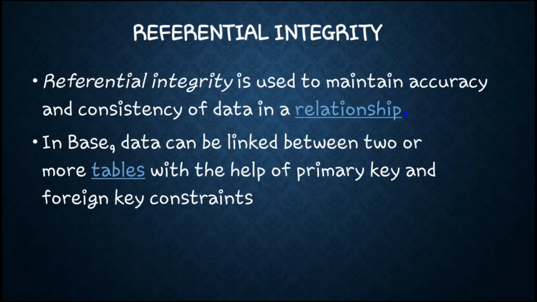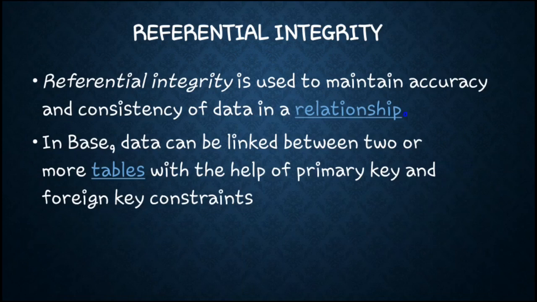Next one, referential integrity. So referential integrity means referring. In a database we have one or more tables which have a reference to another table. So we want to link all the data in the database. It is used to maintain accuracy and consistency of data in a relationship. Relationship means table.